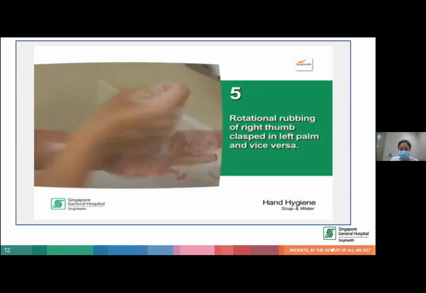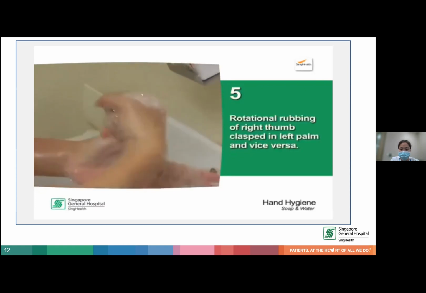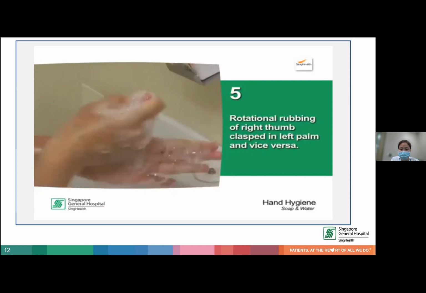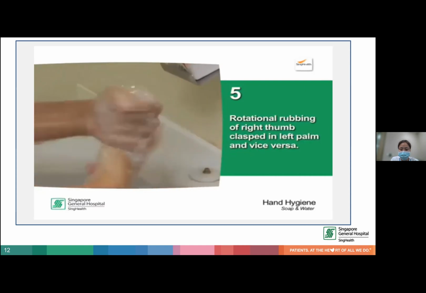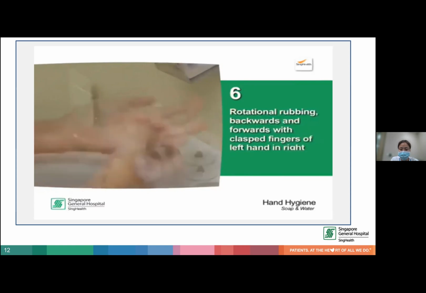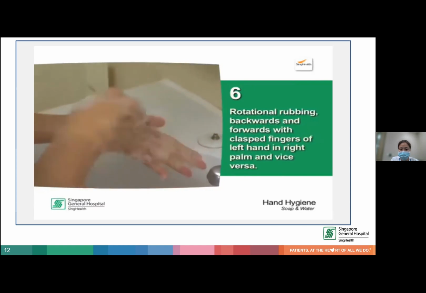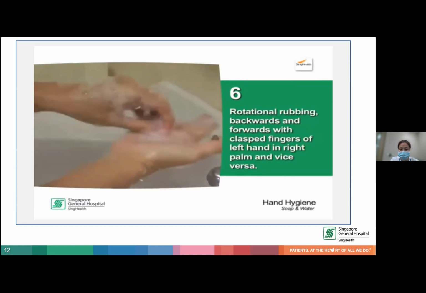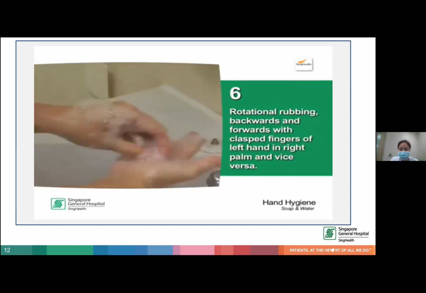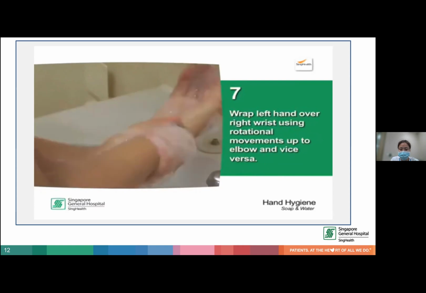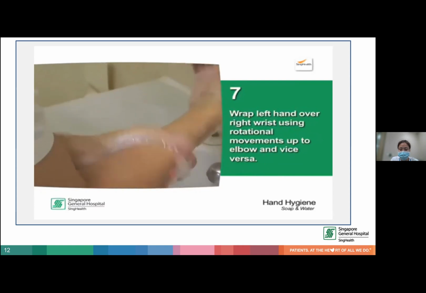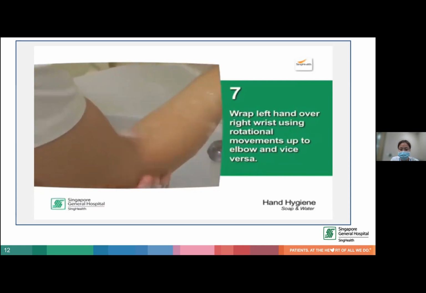Rotational rubbing of right thumb clasped in left palm and vice versa. Rotational rubbing backwards and forwards with clasped fingers of left hand and right palm and vice versa. Wrap left hand over right wrist using rotational movements up to elbow and vice versa.